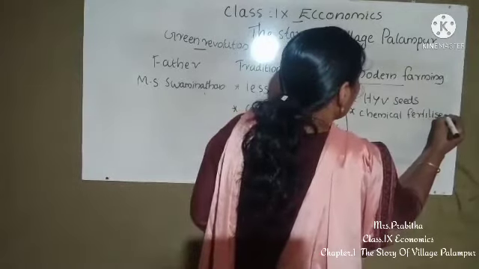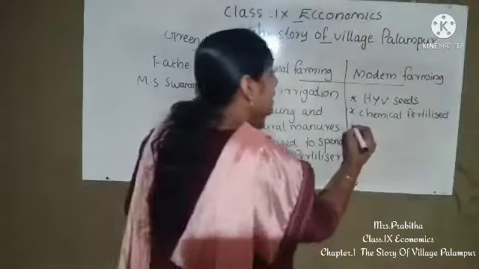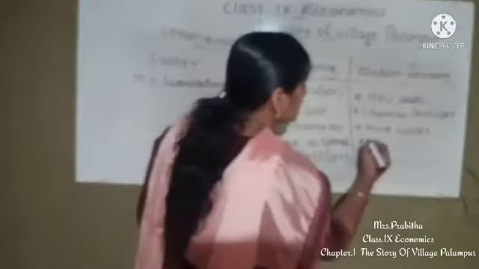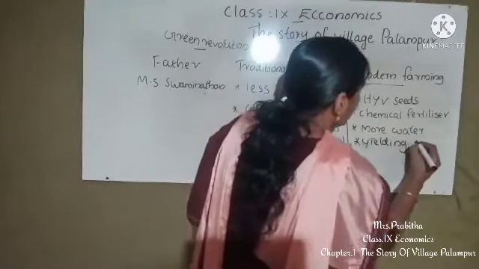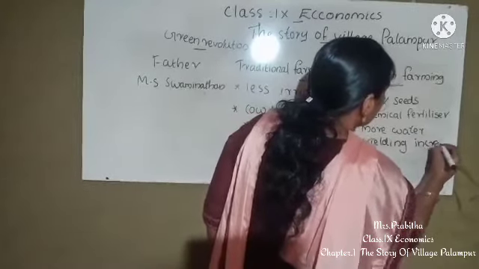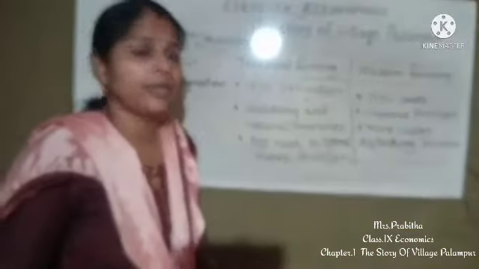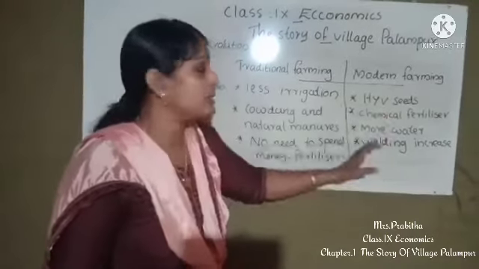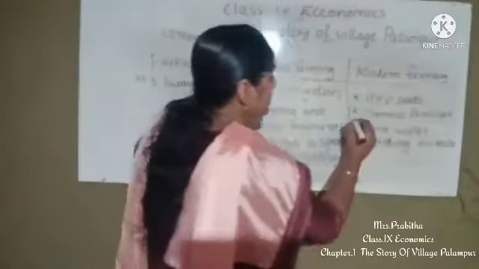These HYV seeds, we said, need more irrigation. Comparing to the traditional method of farming, here the yielding was more. Yielding means total production. A large increase in the yielding of production we can see. Agricultural production increased here as a result of using chemical fertilizers, pesticides, everything they started to use in the farming.